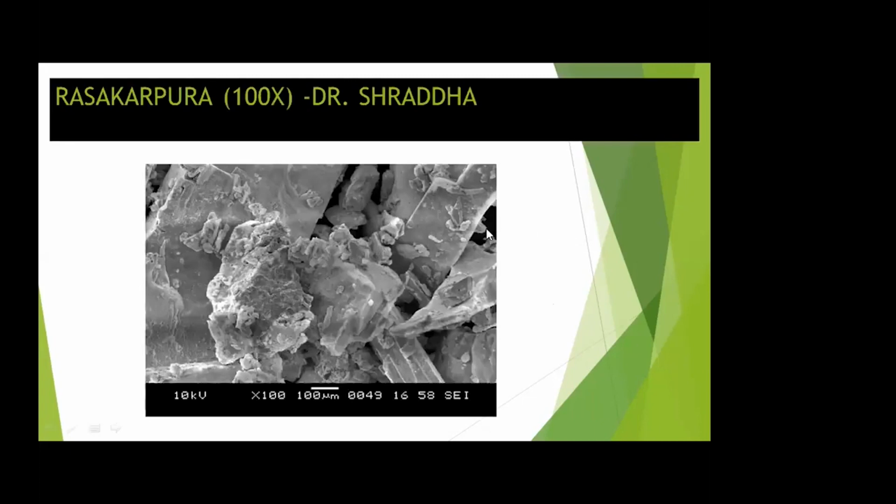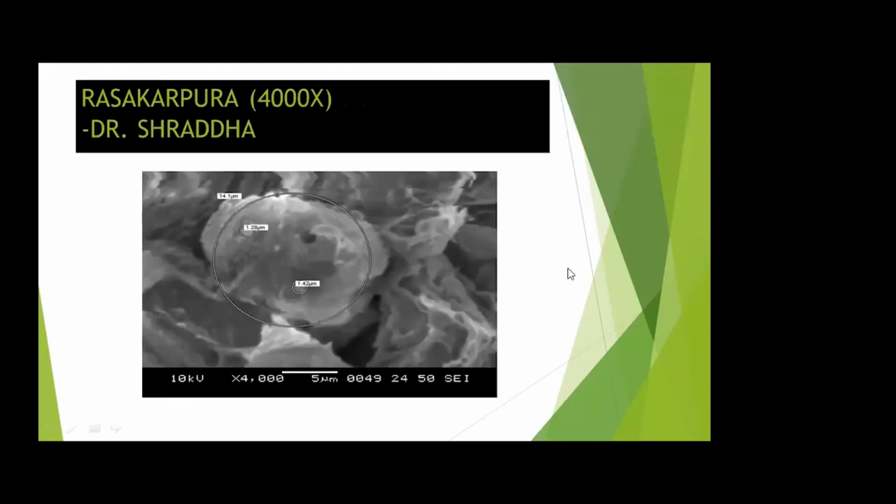So this is a Rasakarpura sample, just 100x magnification. You can see the beautiful crystal structure of the Rasakarpura, mercuric chloride, along with organic materials here and there. The same Rasakarpura, when magnified by 4000x, we could identify nanoparticles in the range of about 1420 nanometers.